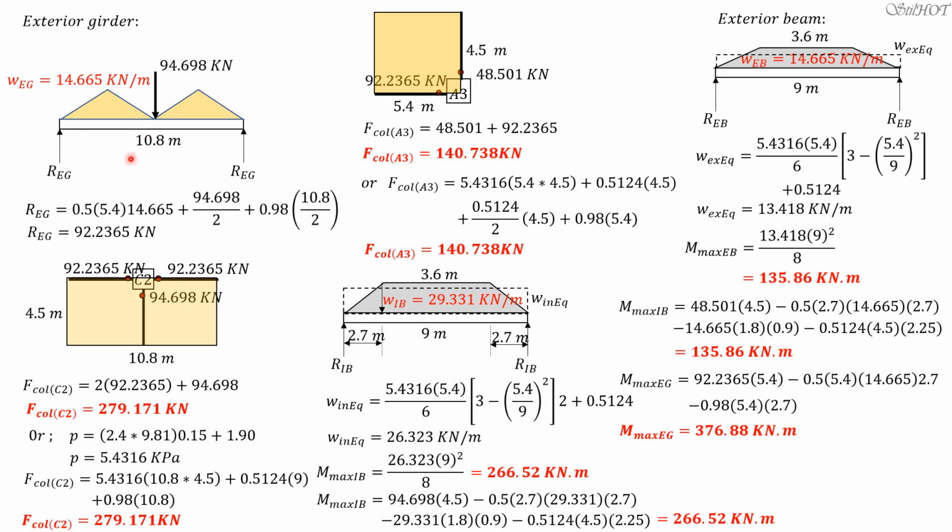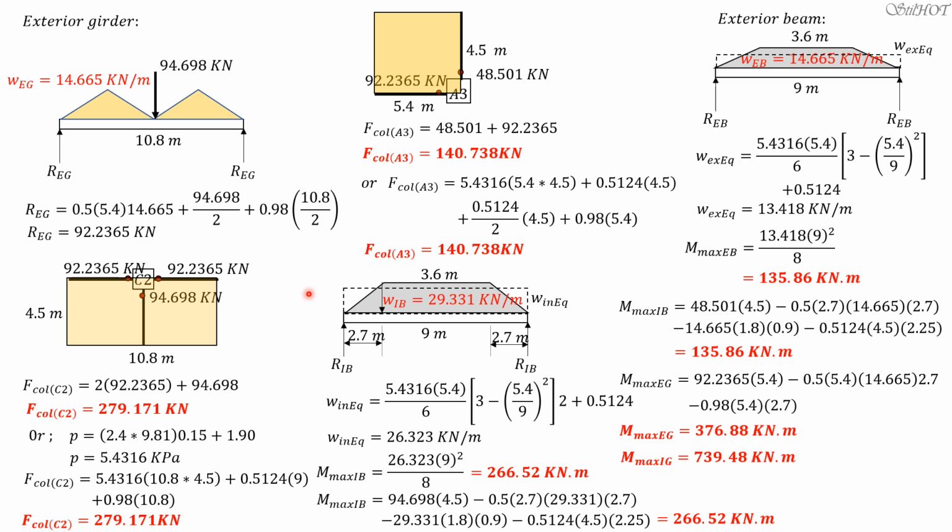Then minus the moment of the weight of the girder, which is 0.98 times 5.4 times 2.7. So the maximum moment in the exterior girder is 92.2365 times 5.4, minus the moment of this triangular loading, 0.5 times 5.4 horizontal distance times height 14.665, with a moment arm of half of 5.4 or 2.7, then minus the moment of the uniform weight of the girder, 0.98 times 5.4 times 2.7. So the maximum moment in the exterior girder is equal to 376.88 kilonewton meter.